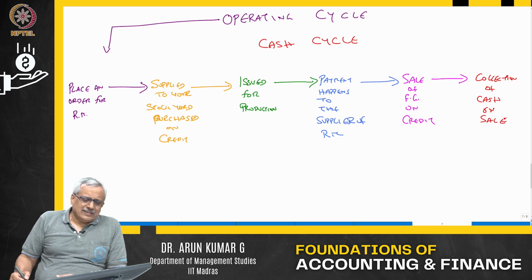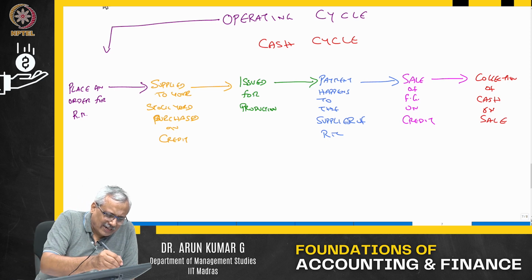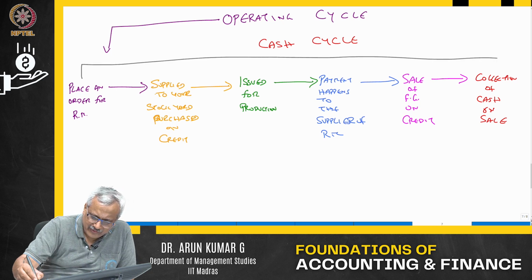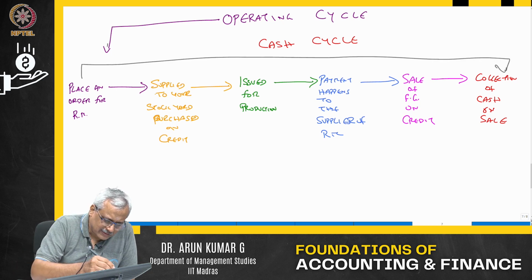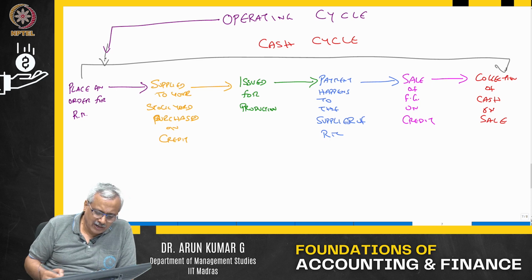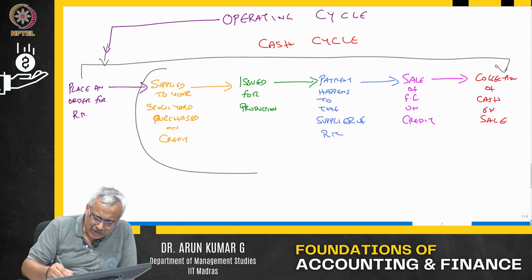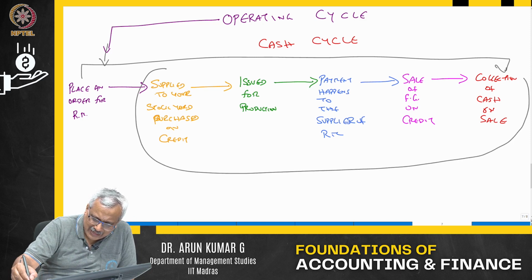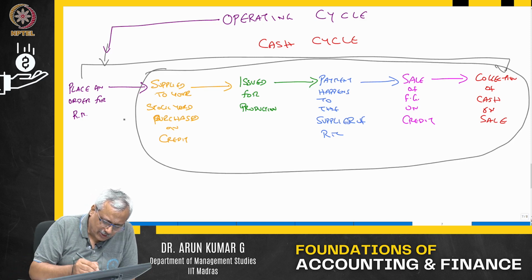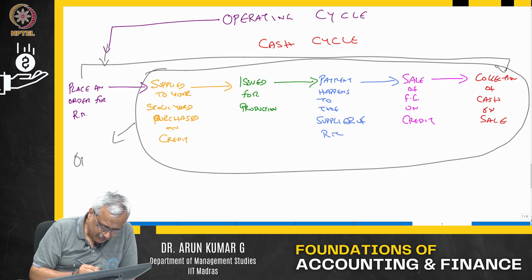Now, what is an operating cycle? When I talk about an operating cycle, this entire phase is what we call the operating cycle, or at least we would say from the minute the good is supplied till the time I collect, this entire thing is what we call the operating cycle.